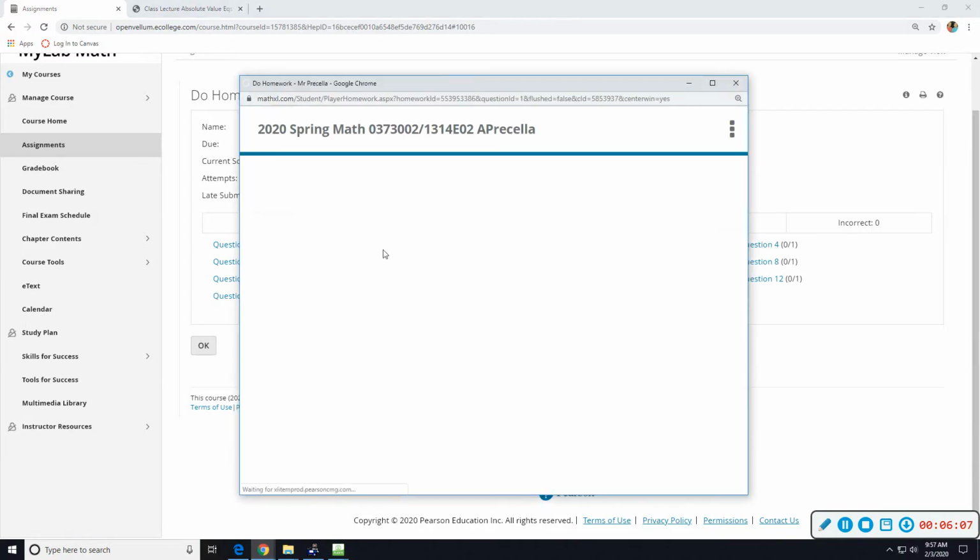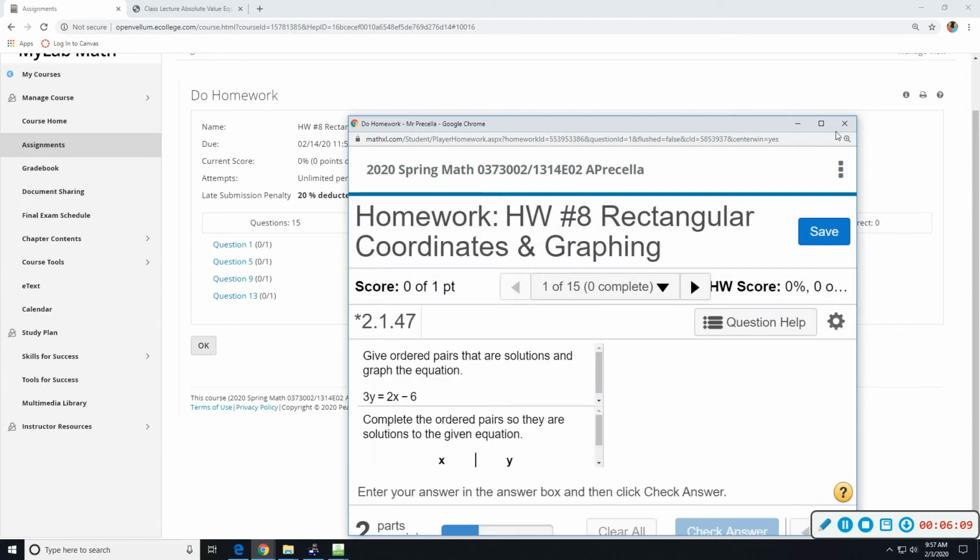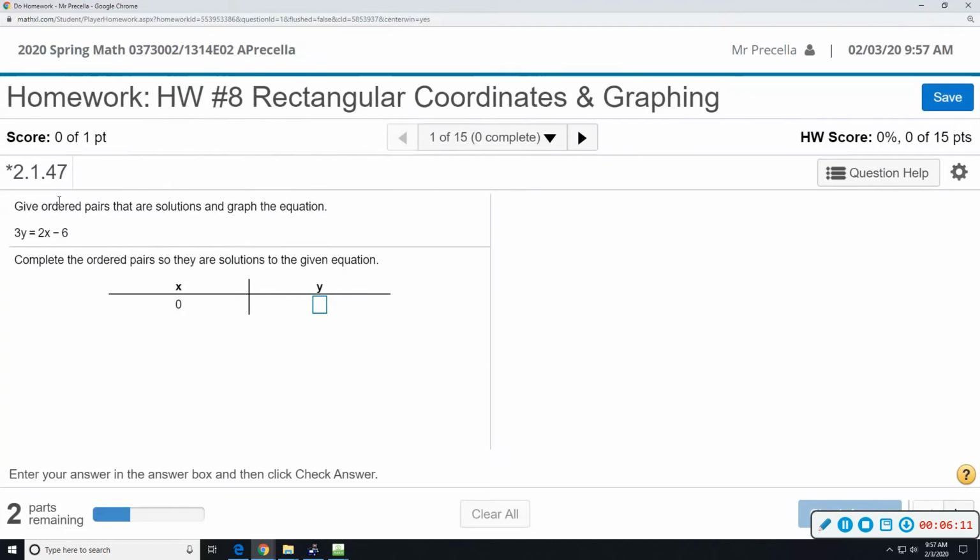Number 1. Let's look at this. It says, give ordered pairs that are solutions and graph the equation. So this is problem number 1. These problems are a little bit shorter than the stuff we've been doing. Okay?